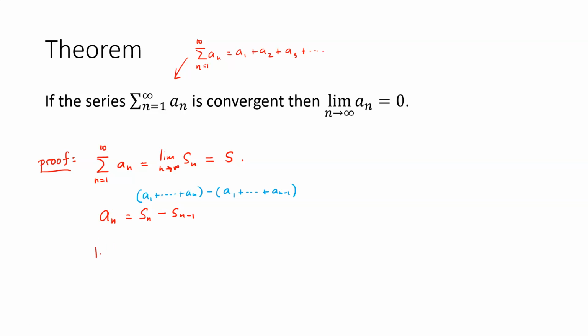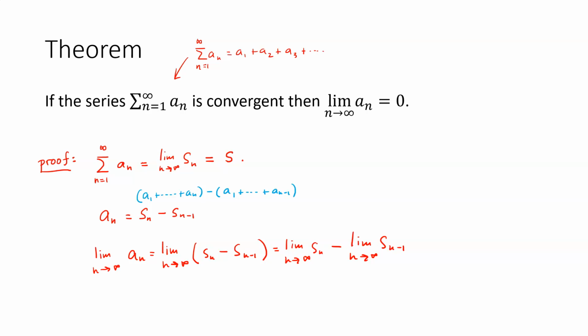So now taking the limit as n goes to infinity of an, this would be equal to the limit as n goes to infinity of Sn minus Sn minus 1. And this is equal to the limit as n goes to infinity of Sn minus the limit as n goes to infinity of Sn minus 1.